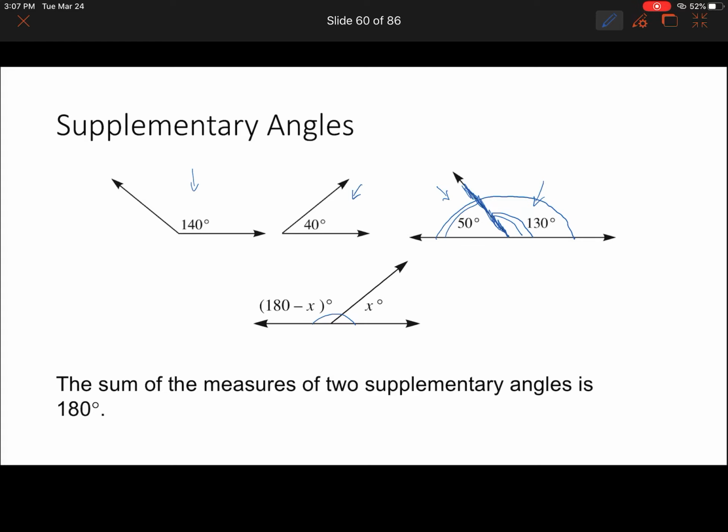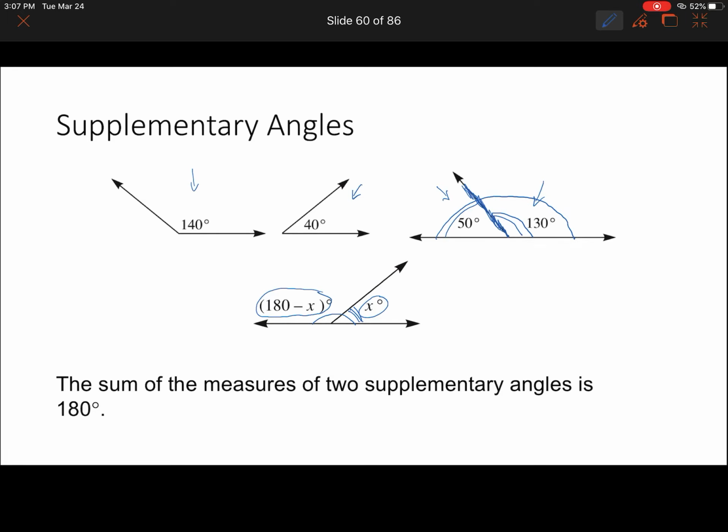And so because of that, then this third diagram should be true. If that whole angle measurement from there to there, that whole rotation is a full half circle rotation, or 180 degrees, then if we know the measure of one of our angles, we'll call this one angle X. If we know that it's X degrees, then the other one can be found by taking the full 180 and taking this part away.